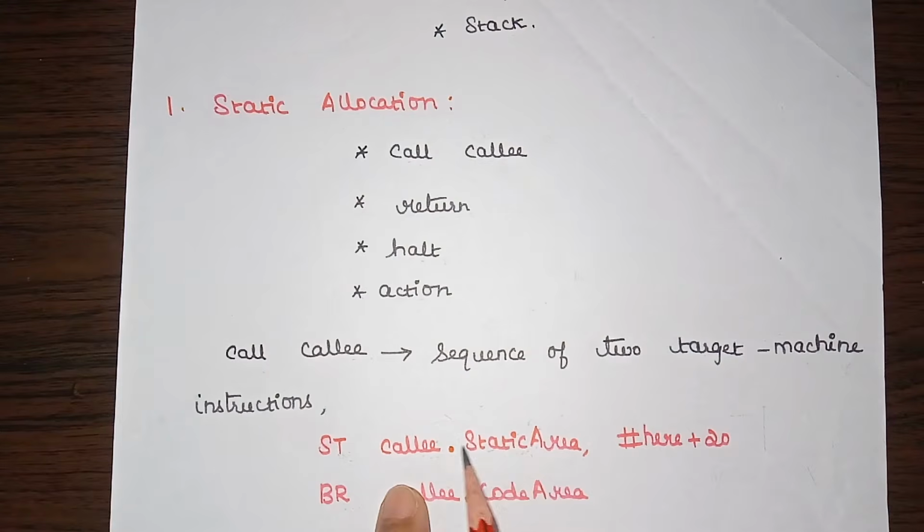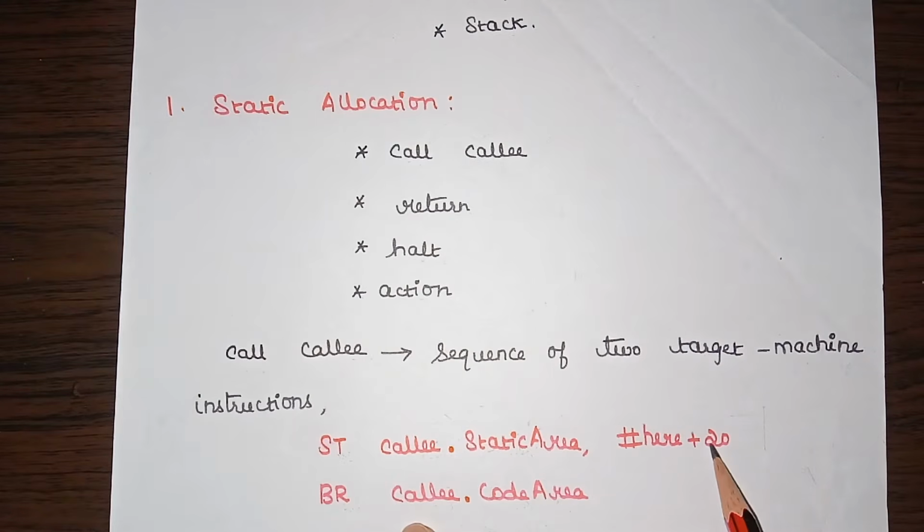With this attribute we can determine the address of the beginning of the activation record for callee. And this attribute, callee.codeArea, is also a constant, and it refers to the address of the first instruction in the called procedure callee. So one gives the beginning address of the activation record, and the other gives the address of the first instruction of the called procedure.